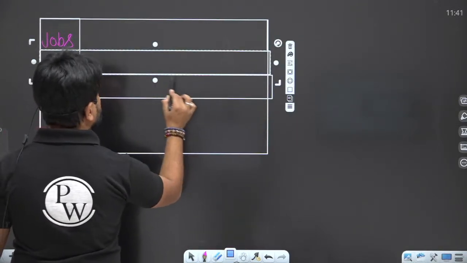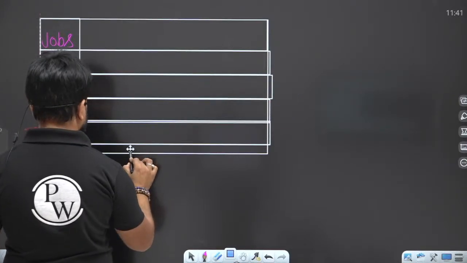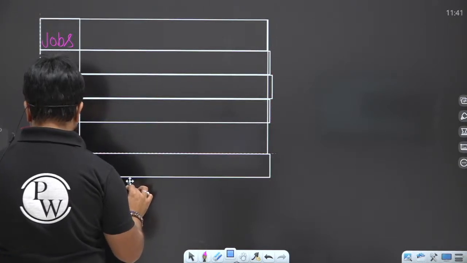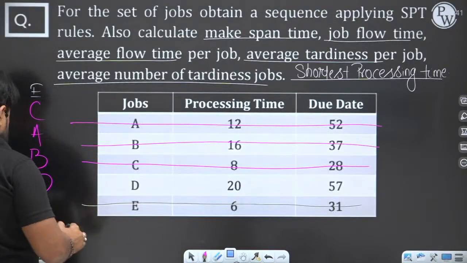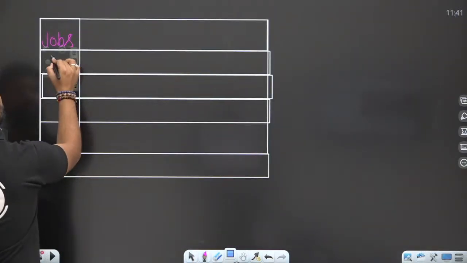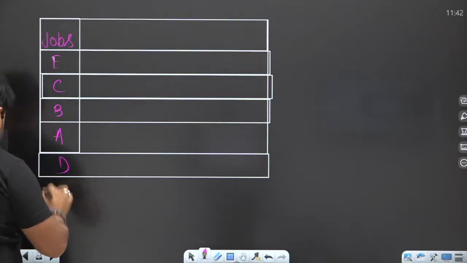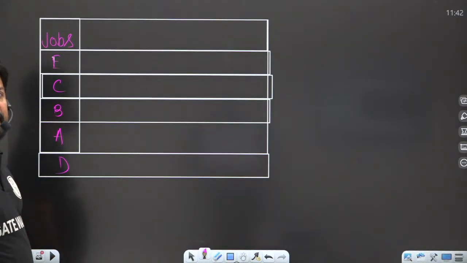Now, the sequence is E, C, A, B, D. Right? E, C, A, B, D.